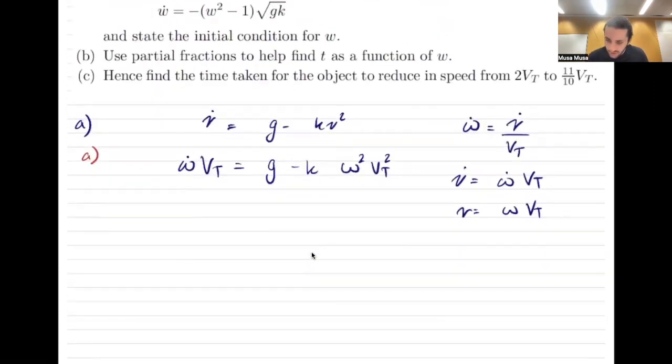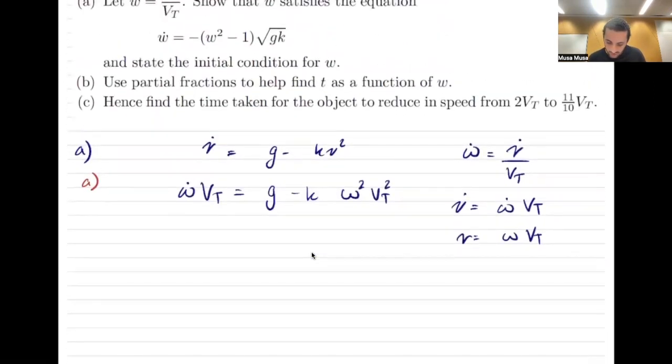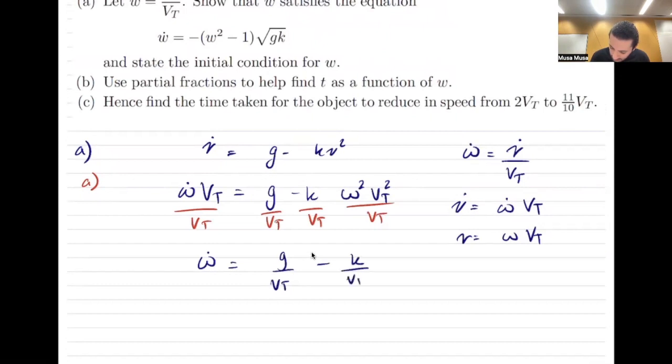Let's see what we can do with this g and this k, because we don't have any, oh no, we do have the square root of g on k. Let's divide by vt, vt, vt, and vt. We're going to get w dot equals g on vt minus k on vt, oh, that's all one term, times omega squared vt.